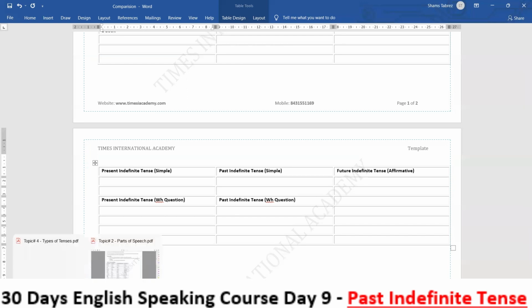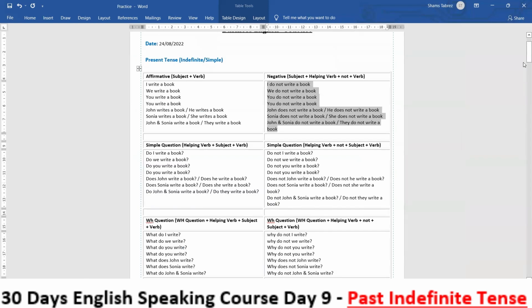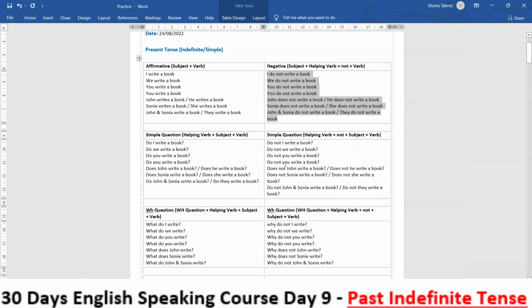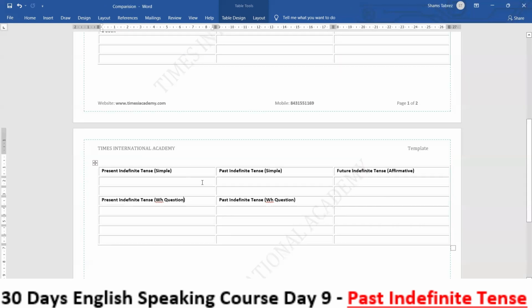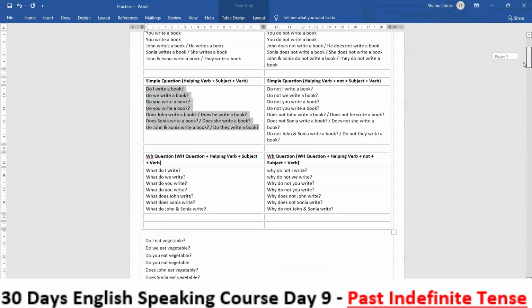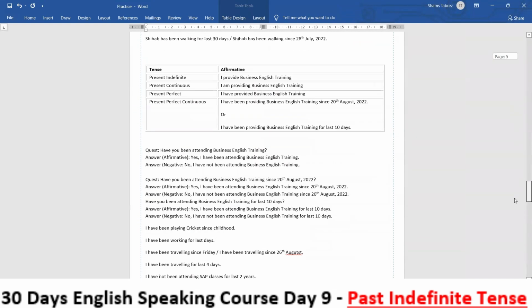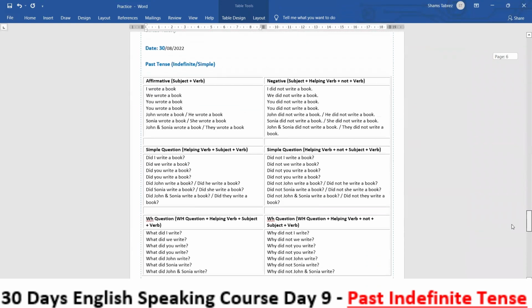Okay, let's go. Present tense indefinite simple question. This is a simple question. Past tense indefinite. This is past tense indefinite simple question.